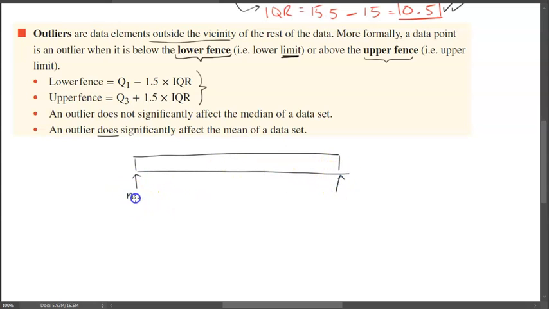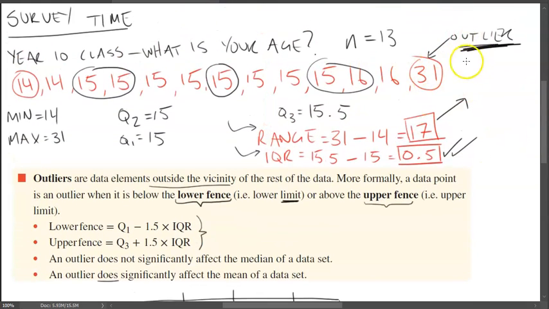Here's our min, here's our max, here's our Q2, the middle value, here's our Q1, and our Q3. We have these data points, and they go within here, ordered from smallest to largest. And it's obvious for us to know that this 31, in this scenario of people's ages, is an outlier.